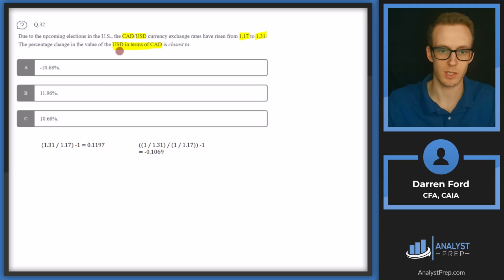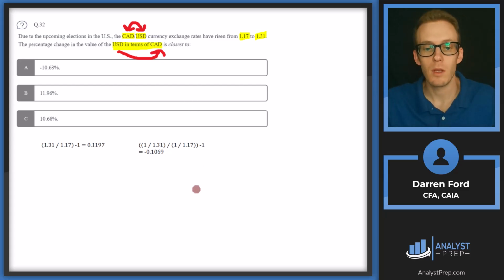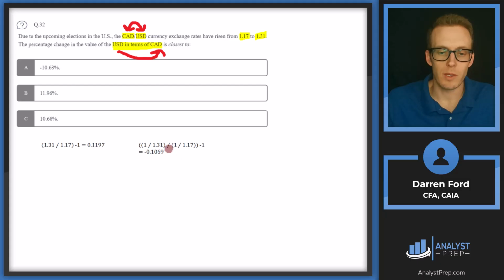So to do CAD in terms of USD, you need to flip these exchange rates and have CAD in the base currency to compare that. So when we invert those and subtract out 1 like we did here, we get minus 10.69%, which would have been A. So that's where you could have tripped up, if you calculated it as CAD in terms of USD. But we did it as USD in terms of CAD, so we get answer B.